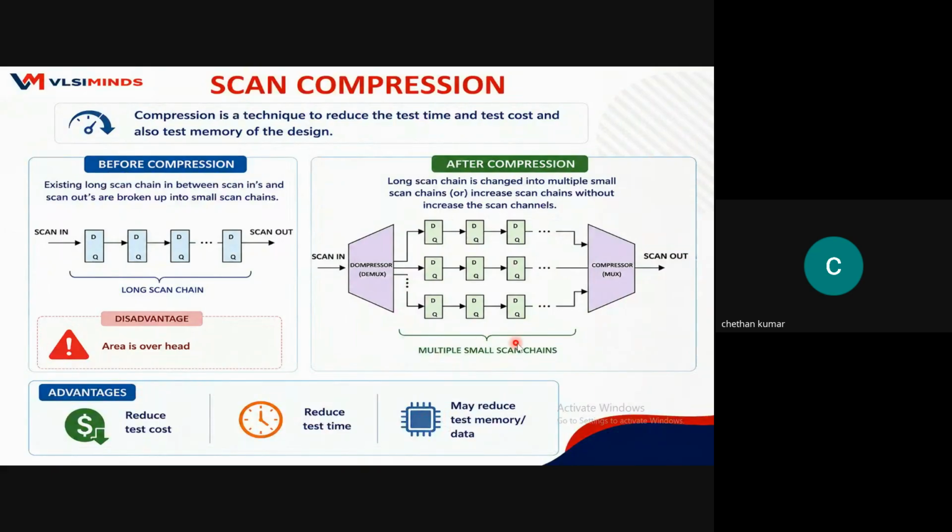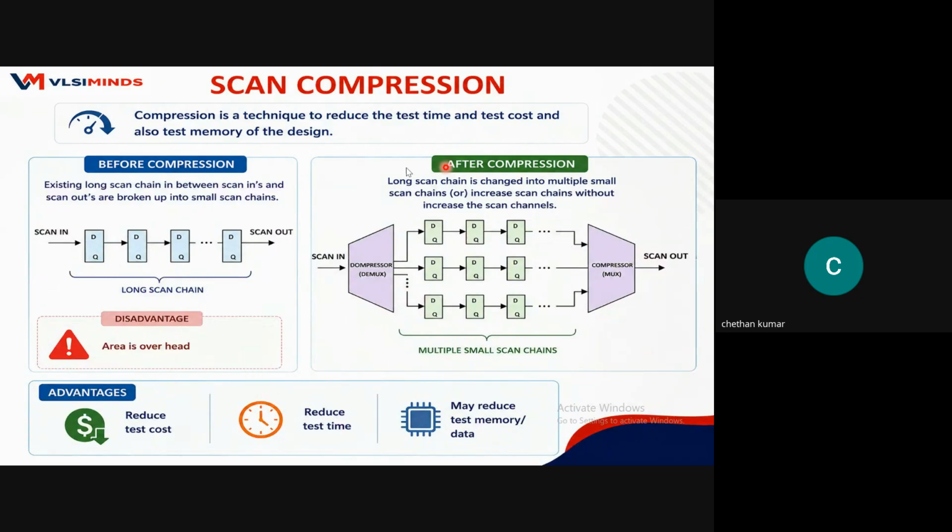Smaller scan chains are faster in testing, so we can test with very little time, and the test cost also reduces. So the advantages are that it reduces the test cost, the test time, and also the test data volume. That means the memory required to store those patterns, or whatever vectors we generate.